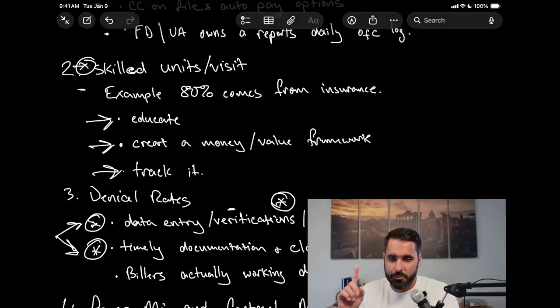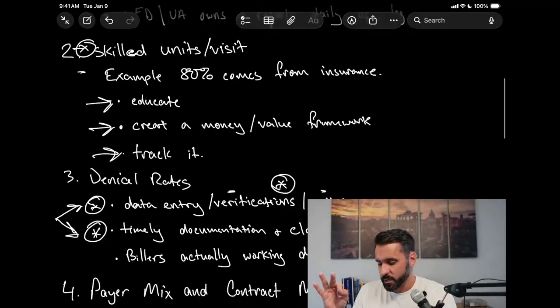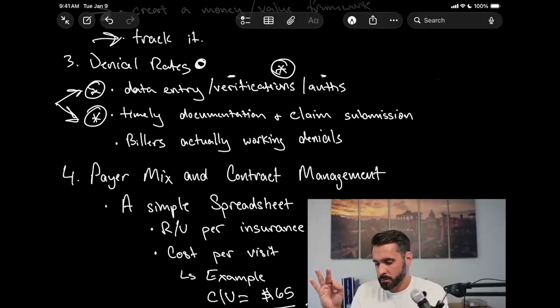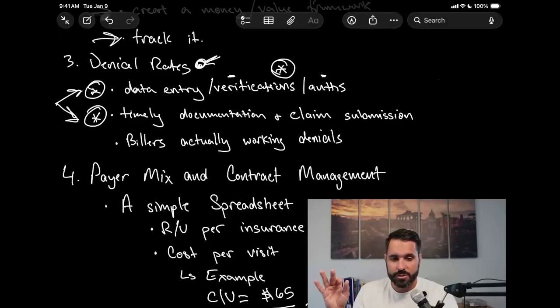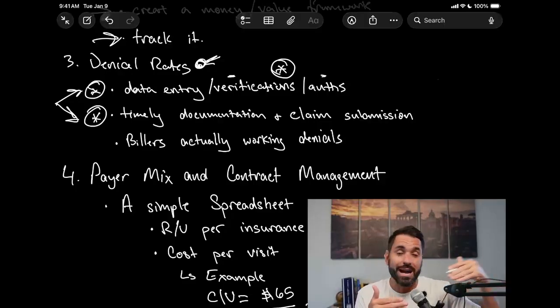All right. Number 3. Third thing, your revenue cycle. Okay. Your revenue cycle. Your denial rate is going to be, hopefully, I don't have to break all that down, but essentially, what percentage of the claims that you bill get denied or don't actually result in a payment?